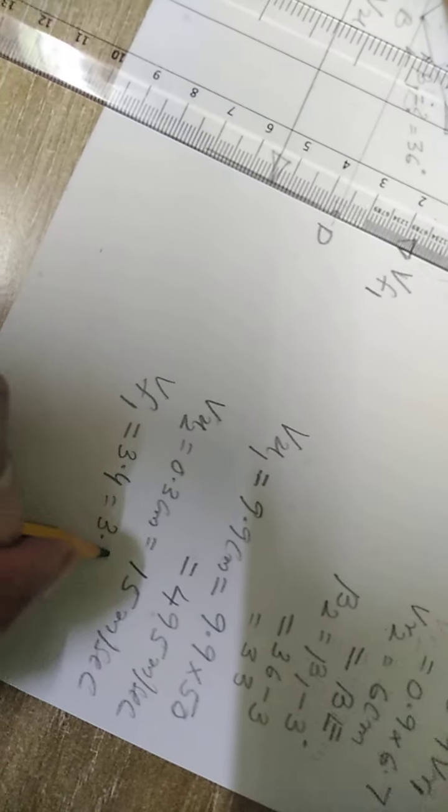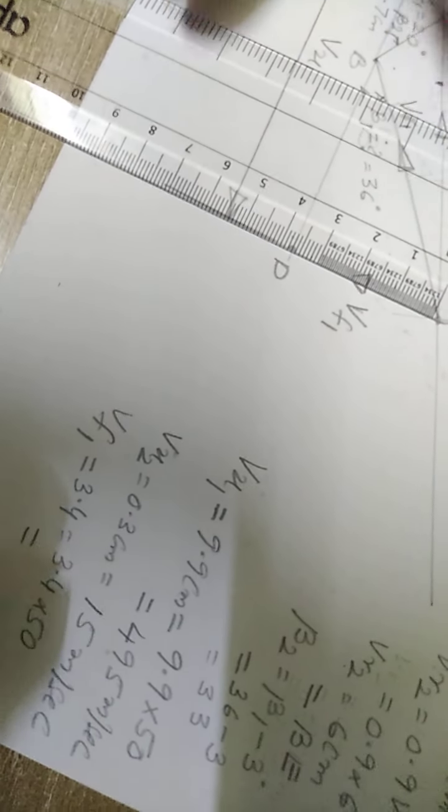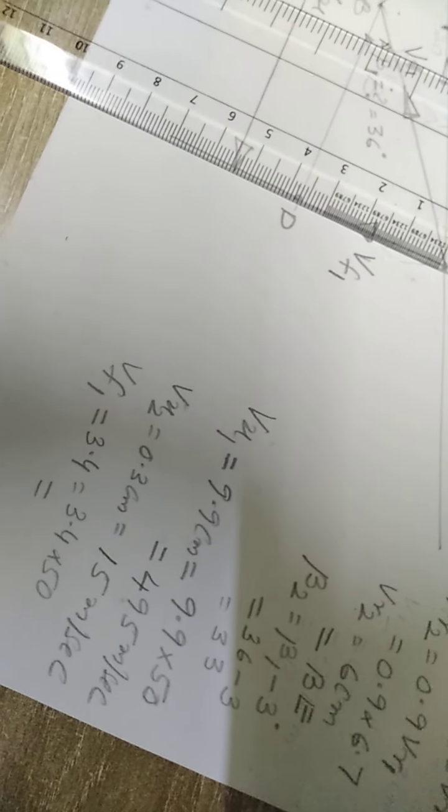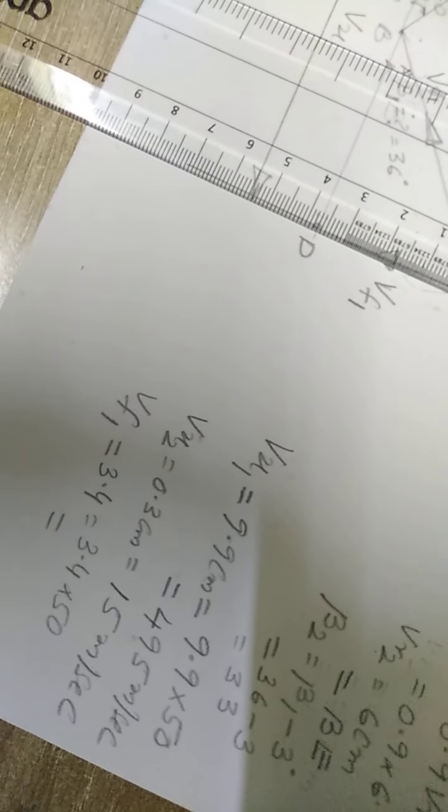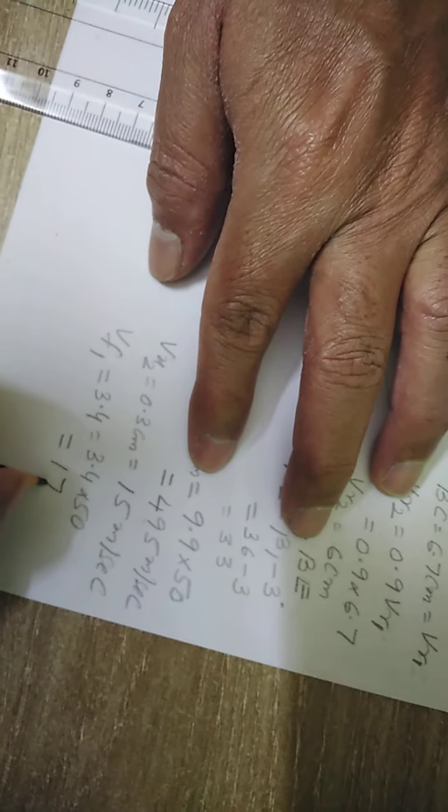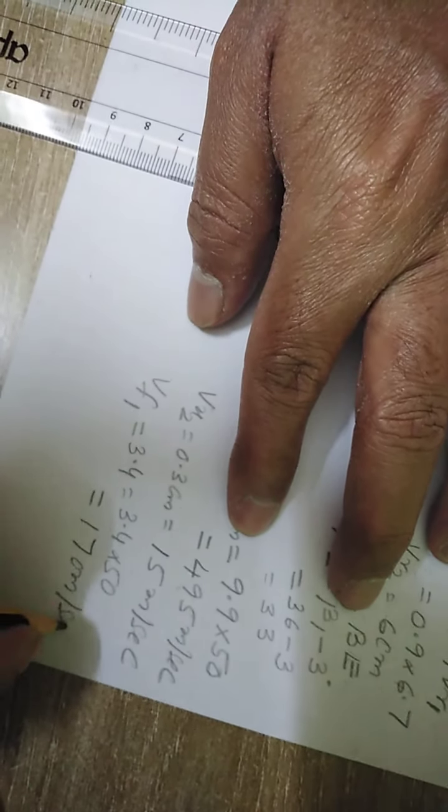So 3.4 into 50, you'll get 170 meters per second.